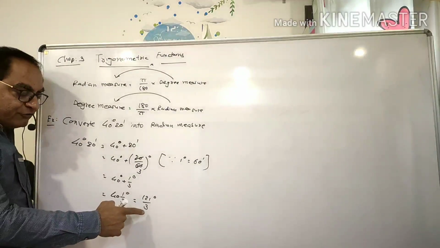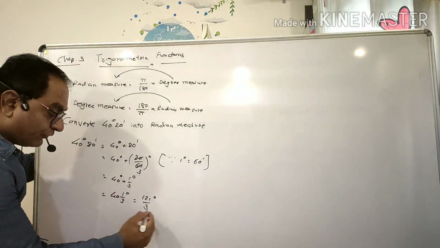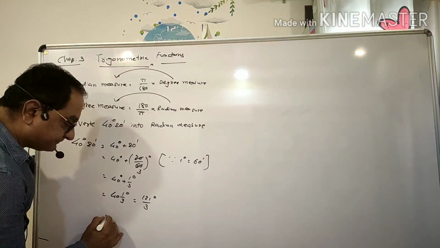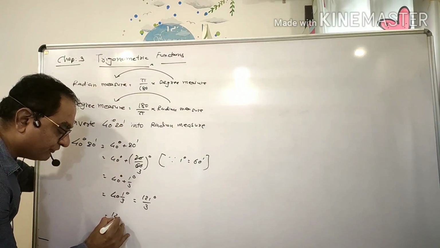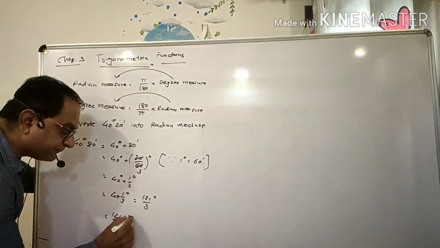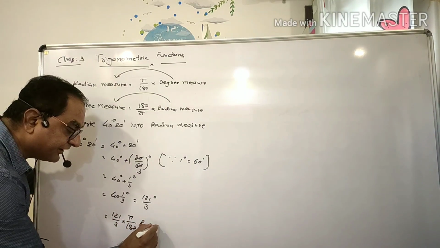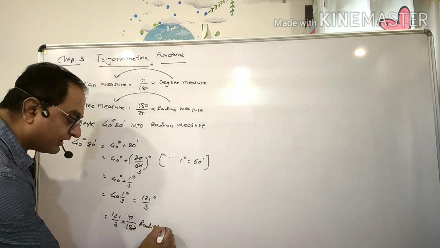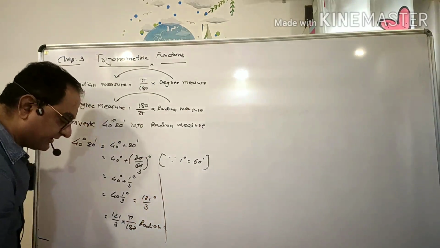Now I have got this as a whole in terms of degree. Now to convert into radian, we know that we multiply by pi by 180. So 121 by 3 into pi by 180 radian.